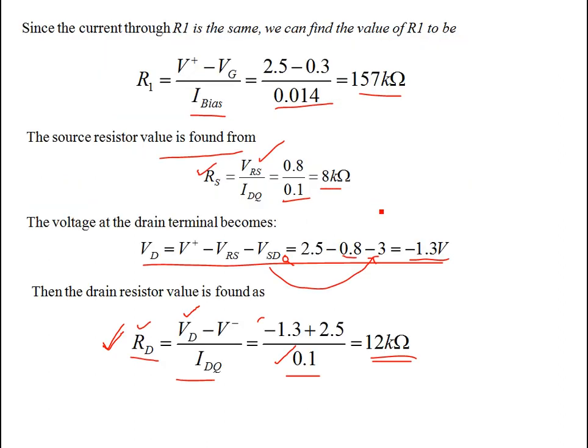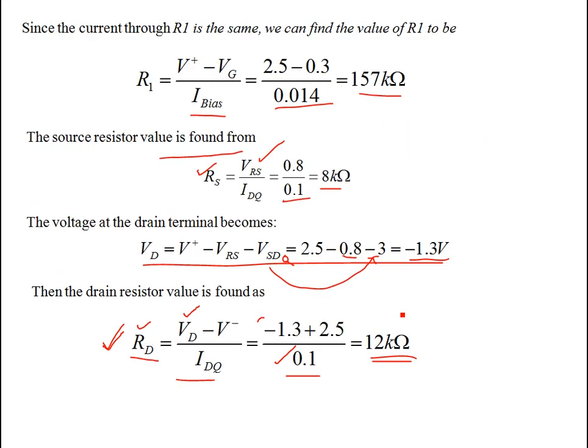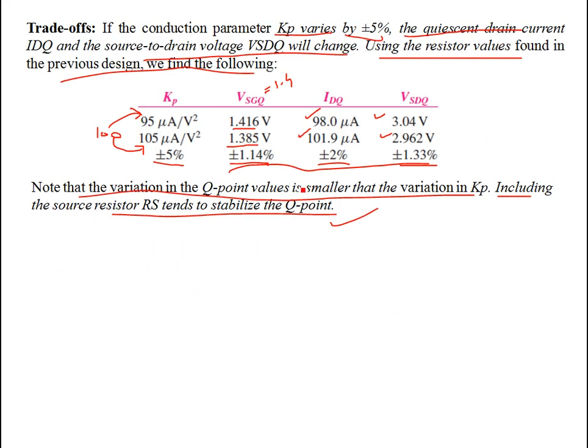You recall that in the NMOS example we didn't consider RS, but in this PMOS example we have RS, and its importance is that it helps stabilize the Q point. Your biasing is stabilized by RS. If you have RS, even if Kp varies, there's not much variation in your IDQ and VSDQ Q point.